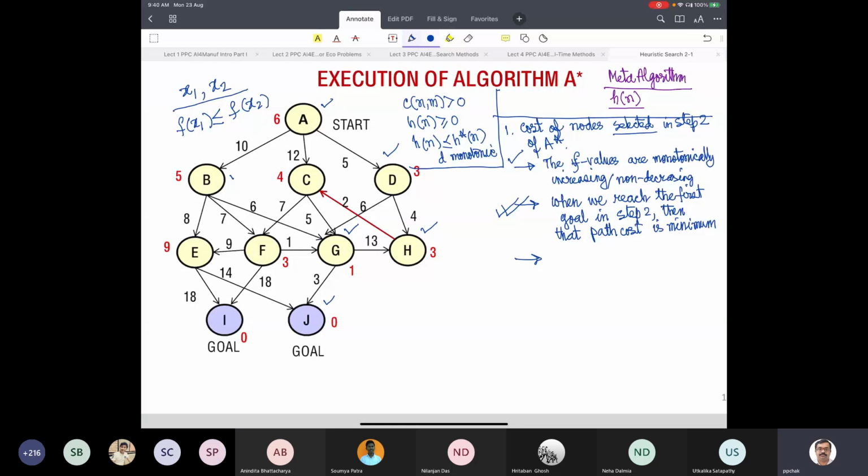In step 2, when you selected a node from open, did you check whether it was a goal node before selection or after selection? After selection. So since you have checked it after selection, any node that you remove from open could have been the goal node, because when you selected it from open, you did not know whether it was the goal node or not.